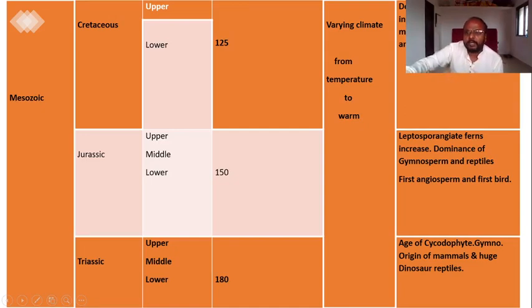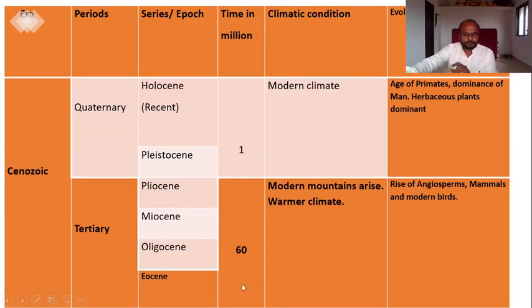There is decline of gymnosperms and increase of angiosperms. In the Jurassic period the angiosperms started to originate, and in the Cretaceous period the angiosperm plants became dominant. Particularly the monocots also increased. The gymnosperm plants declined, the reptiles, that is the dinosaurs, declined, and the mammal group of animals increased in the Cretaceous period. So this is the Mesozoic, the middle life form period in geological time.